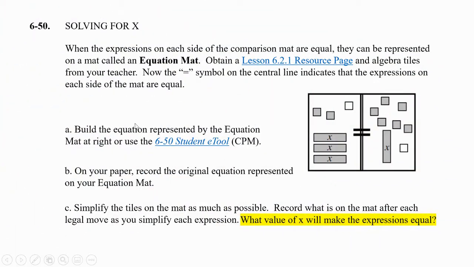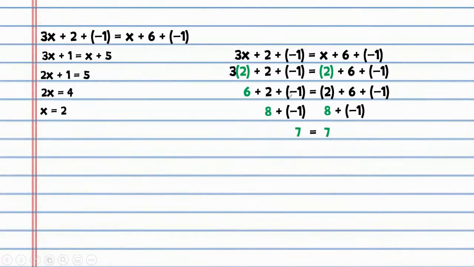So our question that we were trying to answer was, what value of x will make the expressions equal? When we found x equals 2, we're saying that when x equals 2, both expressions are equal. When we checked our solution, we plugged 2 in, which means that 2 is that magic number that makes both sides equal.